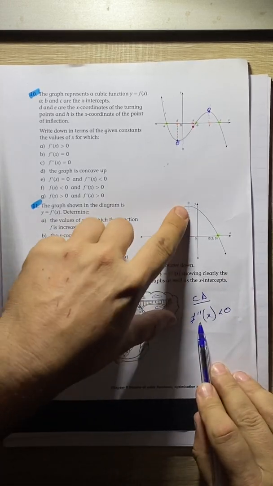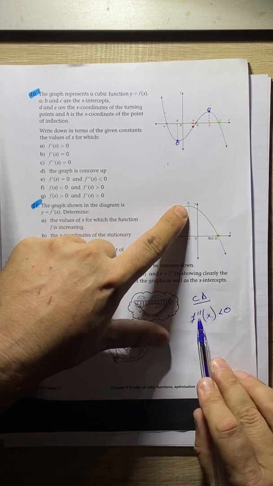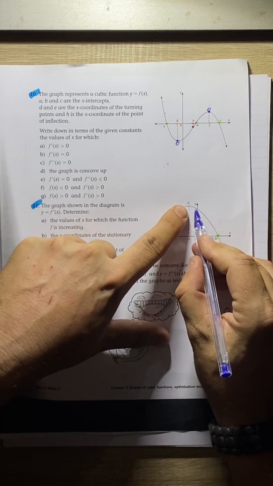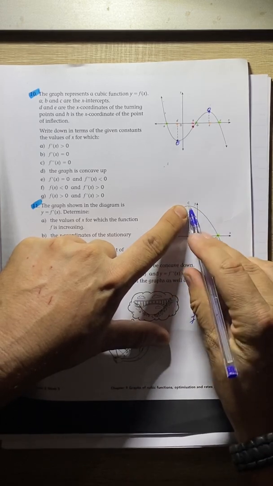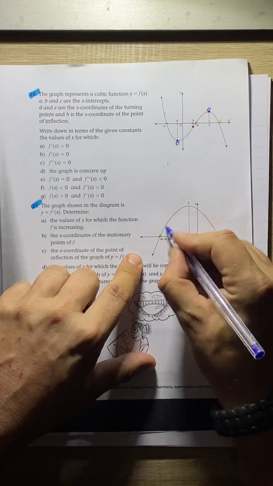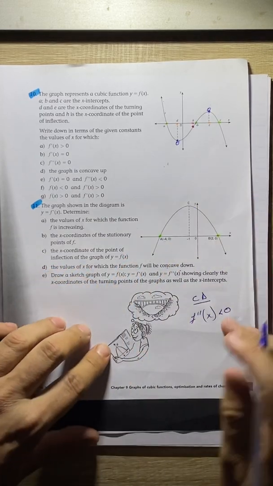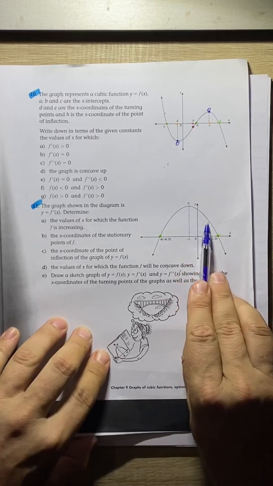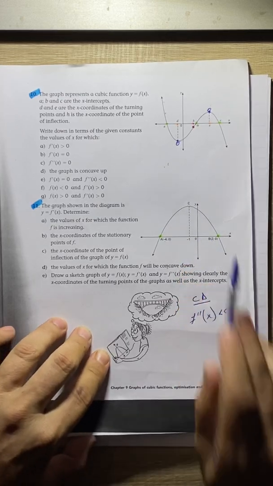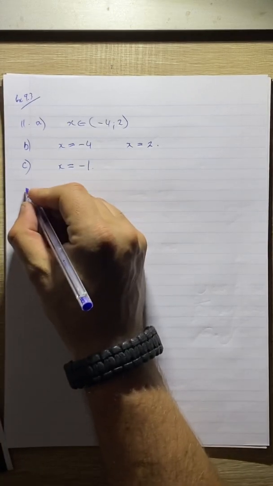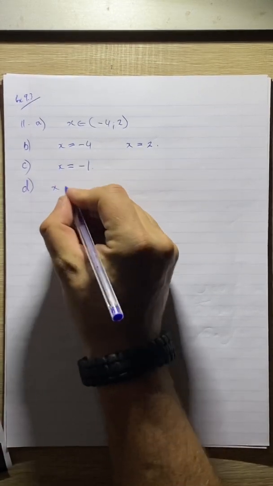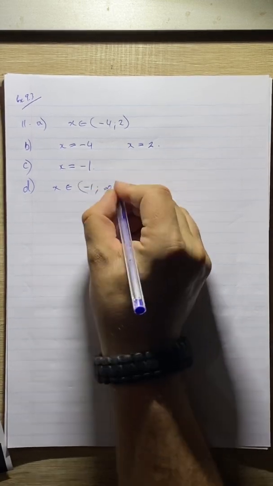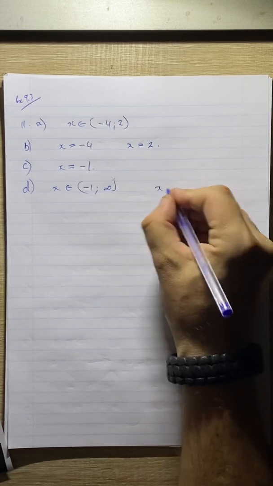So that means the gradient of this one, which is f double dashed x, is less than 0, will be concave down. You can see that the gradient of this is negative from there. Over here, the gradient is positive, so that would be concave up. So we know that we're looking for concave down, so the gradient of this is negative from -1 onwards. So this is question D.